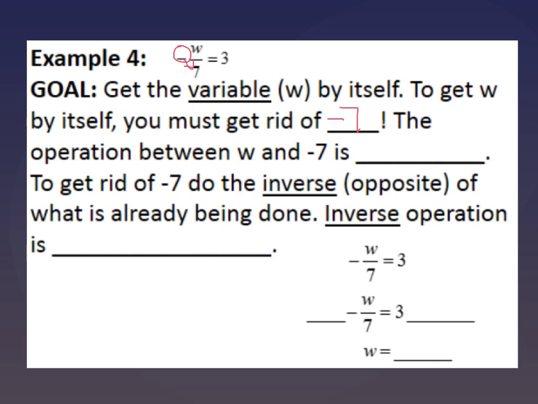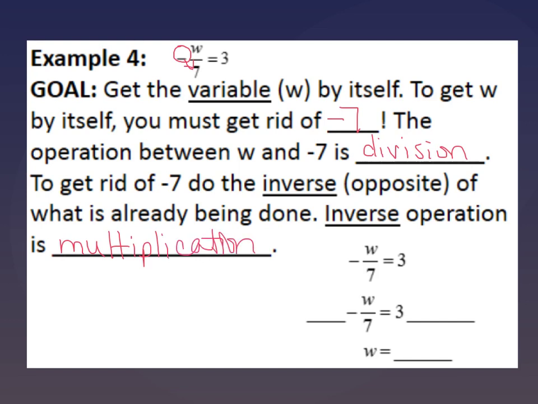The operation between w and negative 7 is division. Anytime you see a fraction bar, that is division. To get rid of negative 7, you have to do the inverse or opposite of what is already being done. The inverse operation would be multiplication.